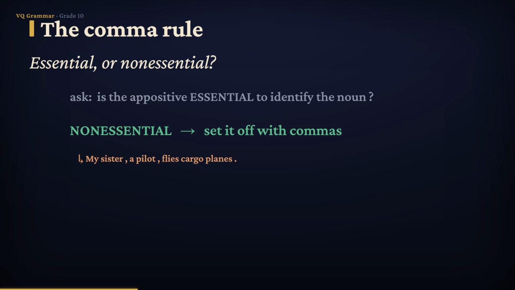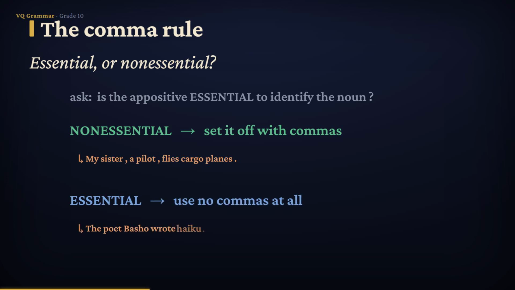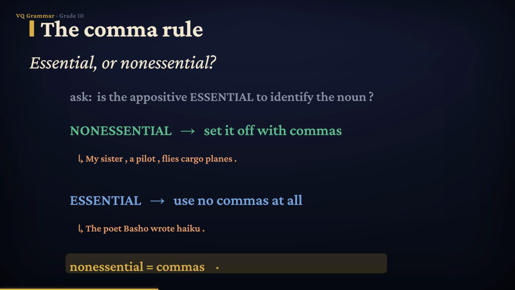I have only one sister, so a pilot is extra, and the commas quietly say so. But if the appositive is essential, if you truly need it to know which one, then it takes no commas whatsoever. The poet Basho wrote haiku. There are thousands of poets, so the name is doing the identifying work, and it stays glued to the noun. Non-essential, commas. Essential, no commas.